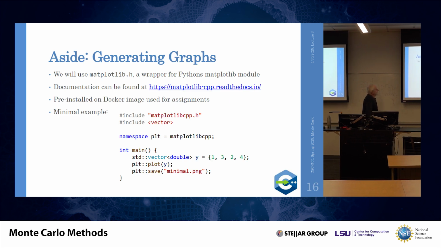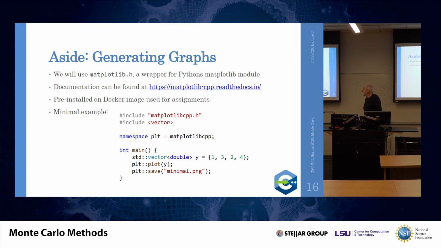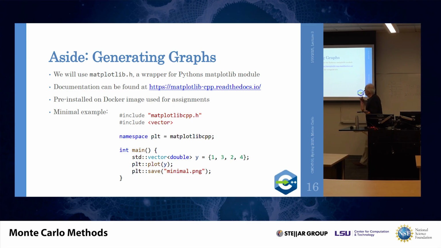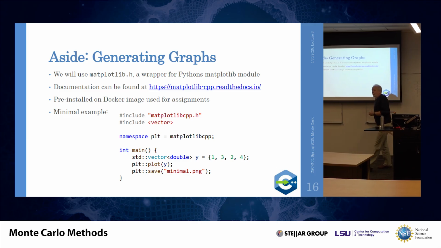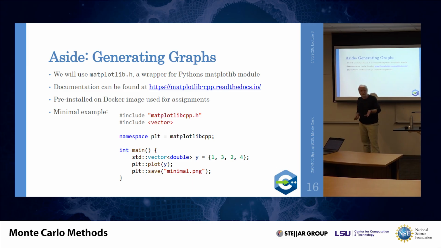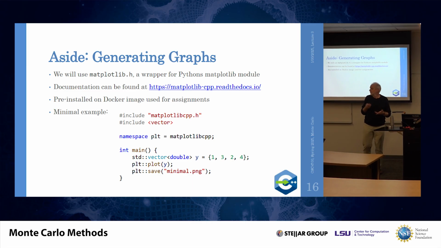Just an aside with regard to the matplotlib header file, to show you some examples. It wraps the Python library matplotlib. The documentation is online, you can find it. I have pre-installed matplotlib.h on the Docker file for the assignments. As you have seen for assignment 0, you already have been using it essentially, even if you haven't done anything directly with it.